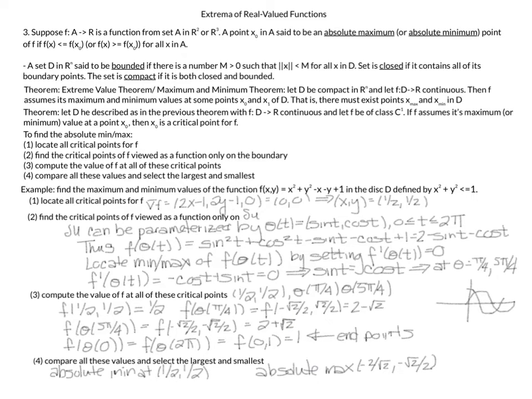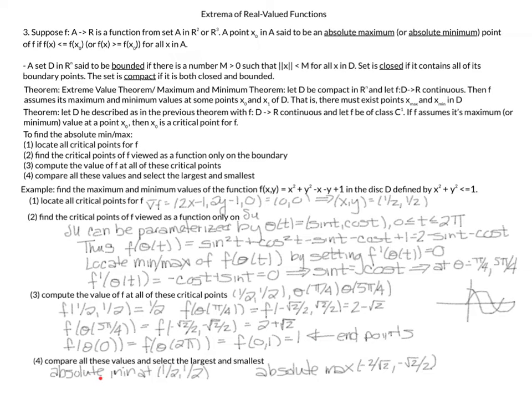And then we have f of sigma of 0, which is f of sigma of 2 pi, which is 1. The reason we plugged in 0 and 2 pi is because those are our endpoints, and we didn't consider those.